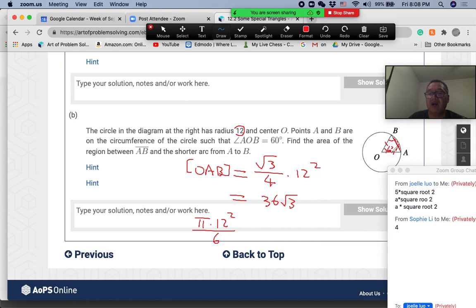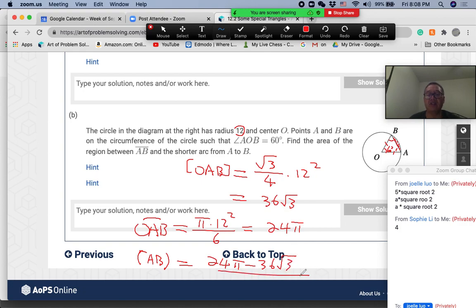This gives you the sector area: 12 divided by 6 is 2, then times 12, that's 24 pi. That's sector OAB. Then the shaded part AB equals 24 pi minus 36 times root 3.